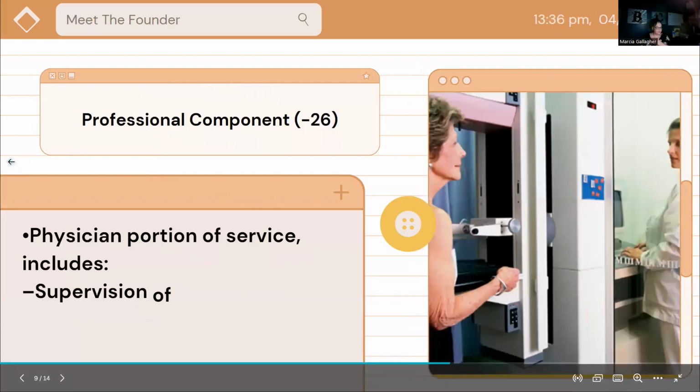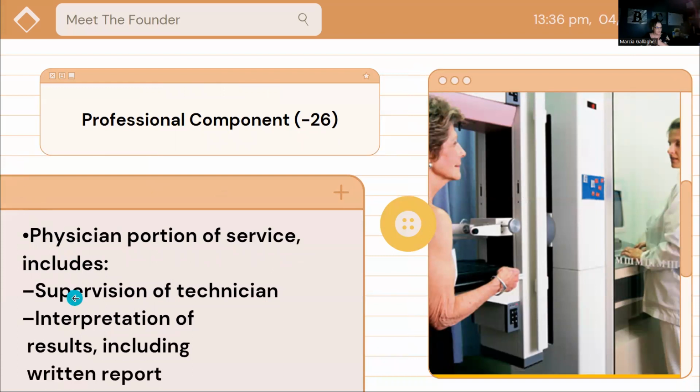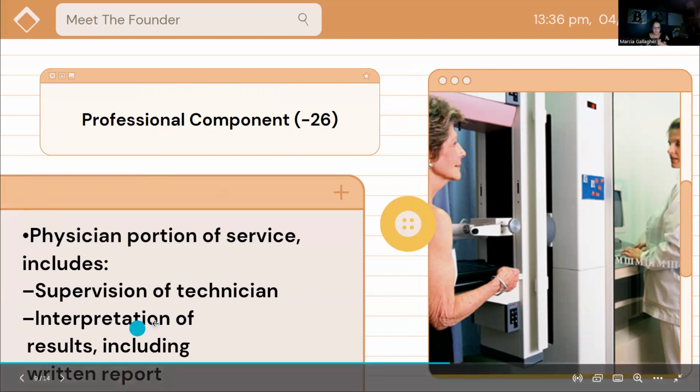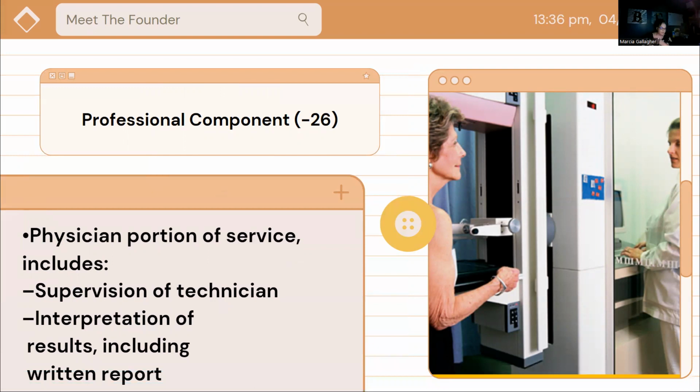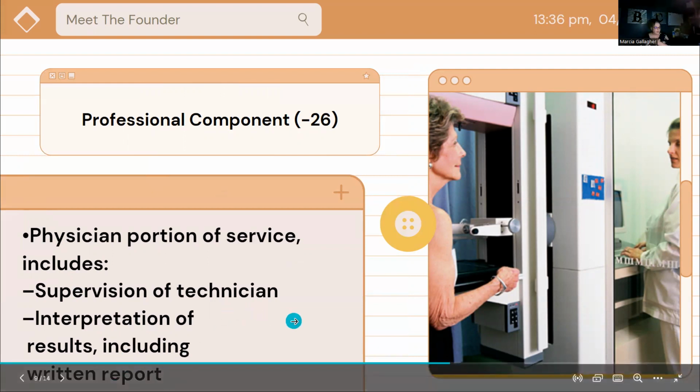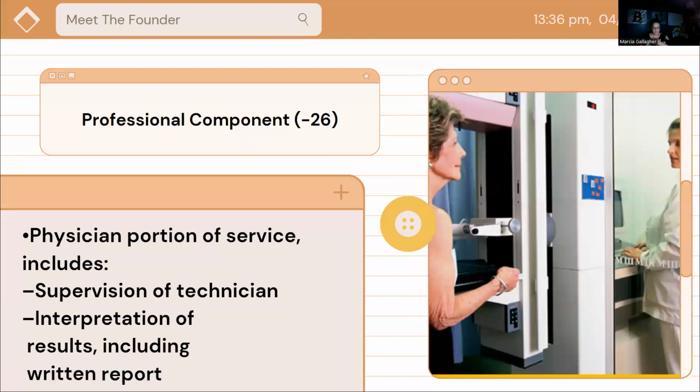Let's go back to 26. So supervision of the technician, the physician shows the technician, sent the patient out. Patient went, and the technician sent all of the supervision, all of the notes, results back to the physician, including the written report, and the physician interprets it.